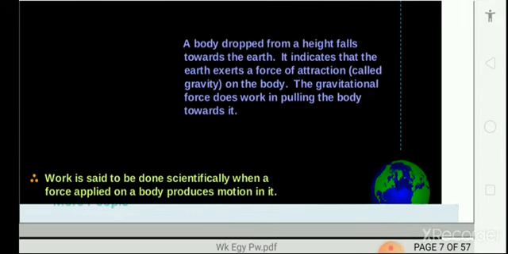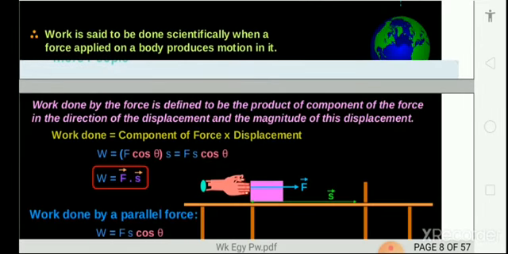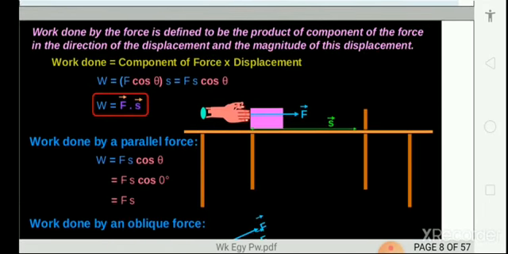Work is said to be done by any object when a force applied on the body produces motion in it. It can be done in various ways or by various means. Work done by a force is defined as the product of the component of the force in the direction of the displacement and the magnitude of its displacement.